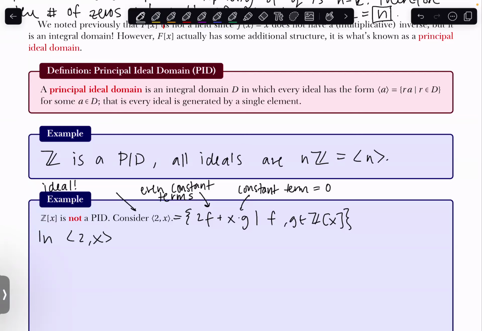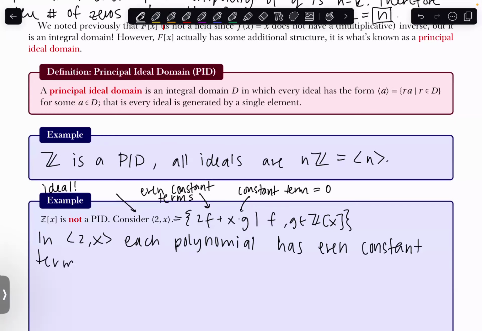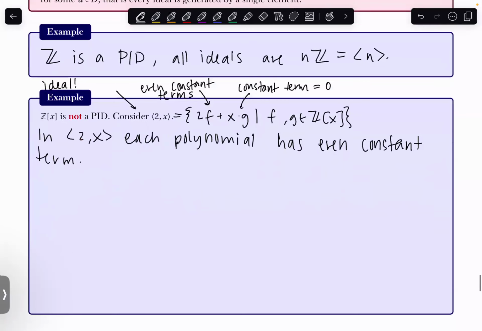Okay, but here in our ideal, each polynomial has even constant term. And what we're going to do is show this by contradiction. We're going to assume this is a principal ideal, so I can write it as being generated by one element, and then come up with something that goes wrong, come up with our contradiction there.